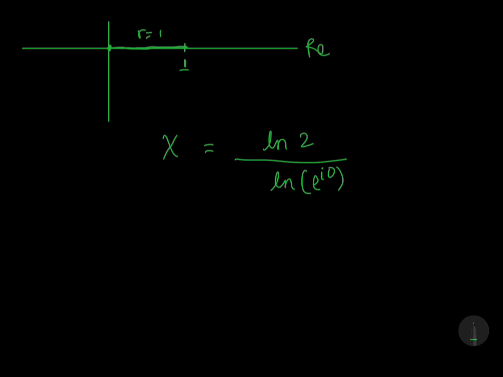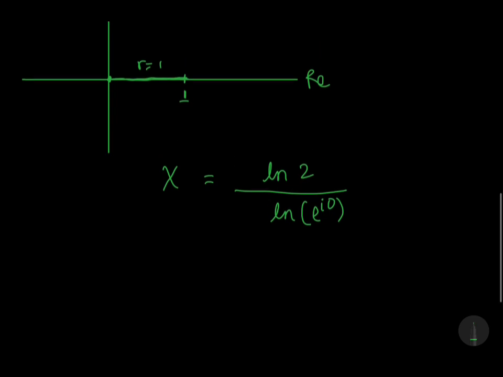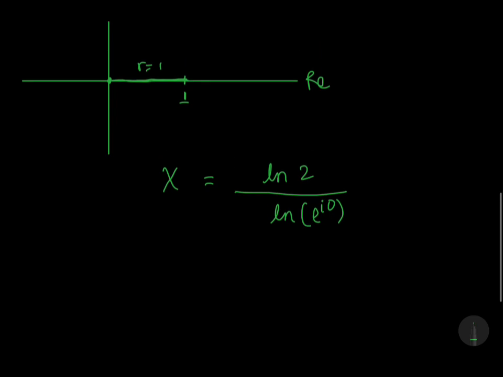But if we cancel ln and e, we will still get 0 divided by 0, which is wrong. It turns out that 0 is not the only angle, because if you rotate counterclockwise, you will end up getting 2 pi, which means 2 pi is another angle.